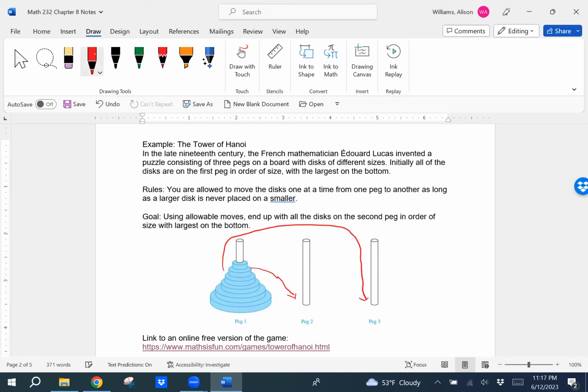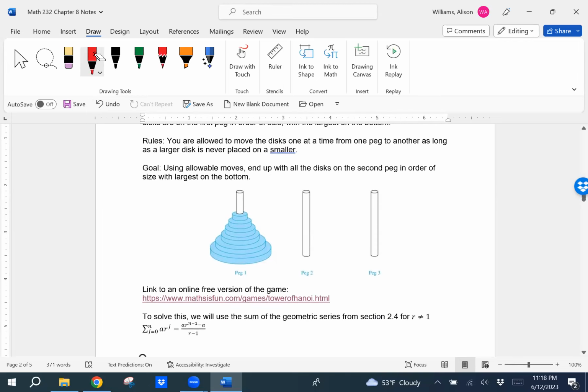And then I could take the smaller disc that's on peg 2 and stack it over there when that one is done. A little confusing, but it does make sense. There are games online, the Tower of Hanoi. I gave you a link, and I'm going to go to that link because it's going to help us with solving this.